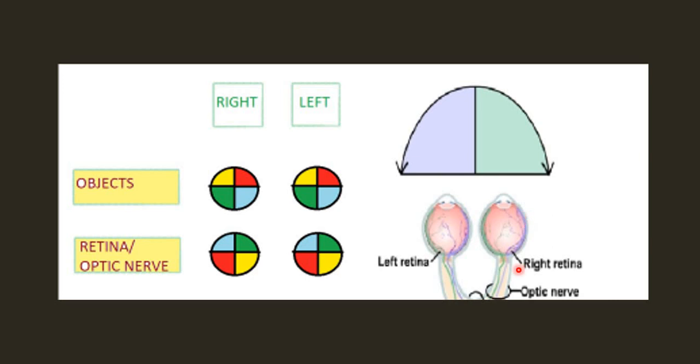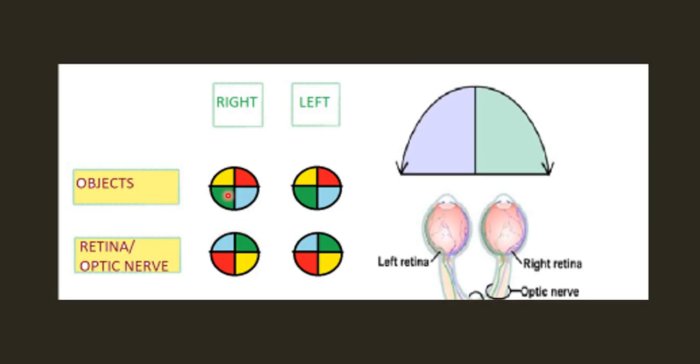This orientation of the nerve fibers on the retina is retained even within the optic nerve. So as you can see in this particular image, the image of the upper part of the object is formed on the lower part of the retina, whereas that of the lower part of the object is formed on the upper part of the retina.